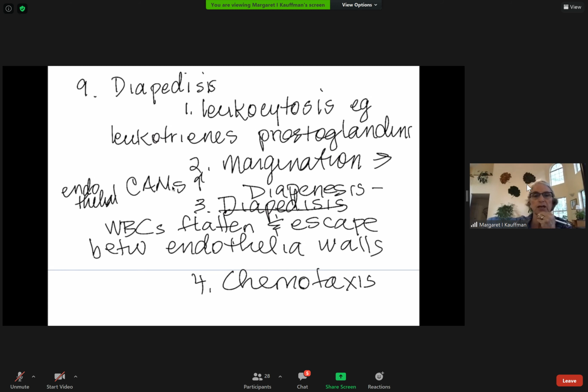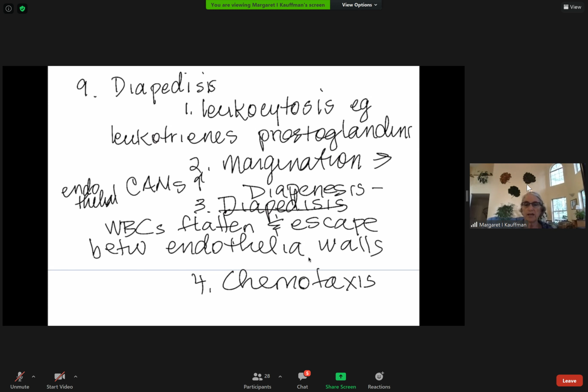Now, in order to do that, they have to glom on to the endothelial cells. So the endothelial cells change, sprouting CAMs, and the more the white blood cells bind, like Sana said, the more CAMs appear, and they then can get off the highway of the blood, and eventually start to flatten themselves out and crawl between the endothelial wall, which is what diapedesis is really describing.